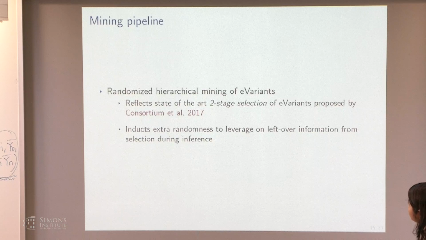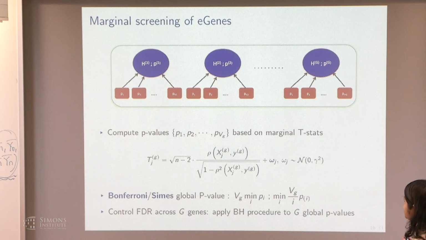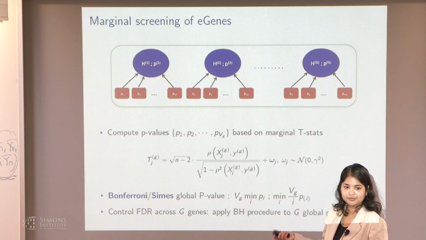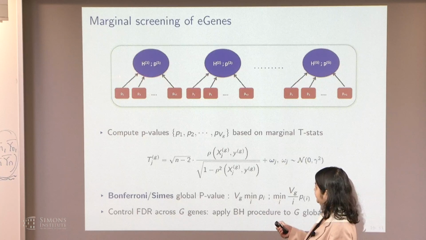So maybe I'll skip over this section where I thought I would describe the selection in the eQTL example where I applied this approximation. I can just give you the gist. Like I already told you, in the first stage you marginally screen the eGenes, where you compute marginal correlations of each gene with the set of local variants around it.